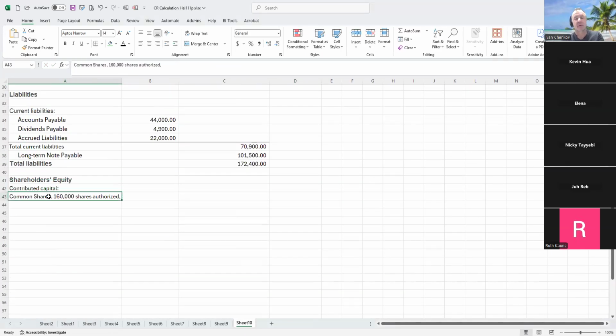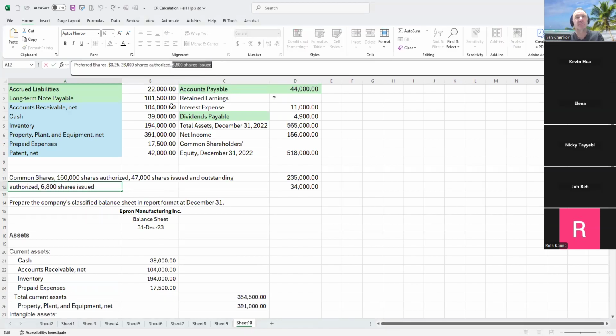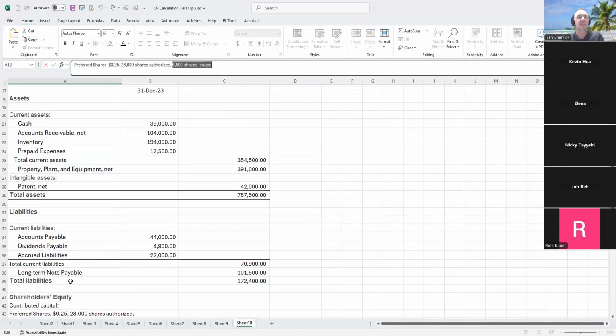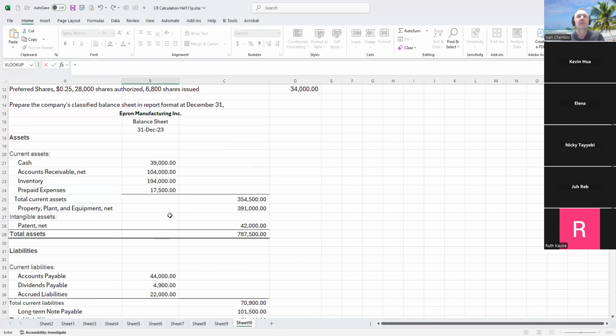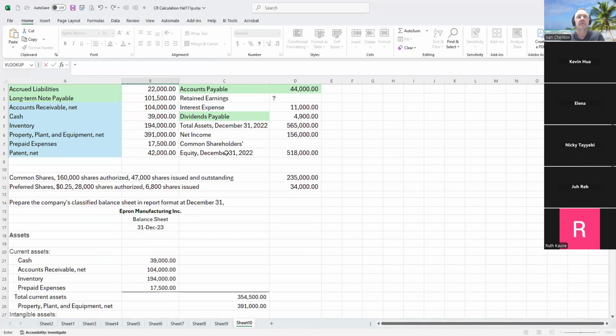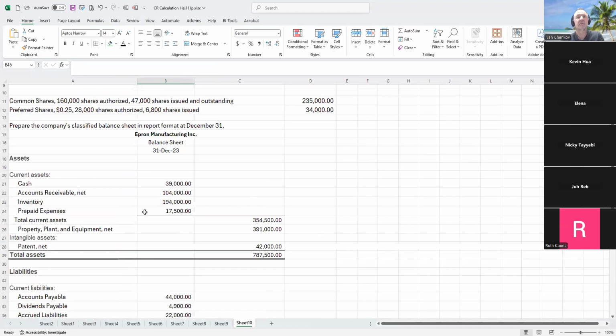Yes. Let's go with the preferred shares, and let's get the issued and outstanding, and the total amount of those preferred shares will be that much. Then we have to deal with the common shares.